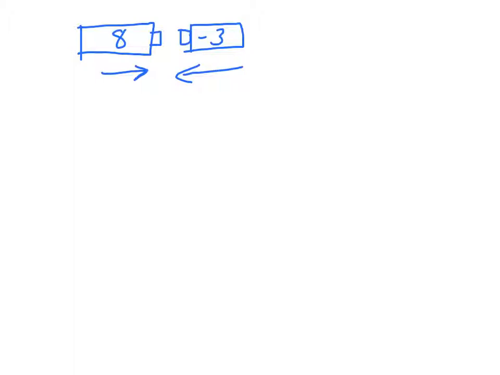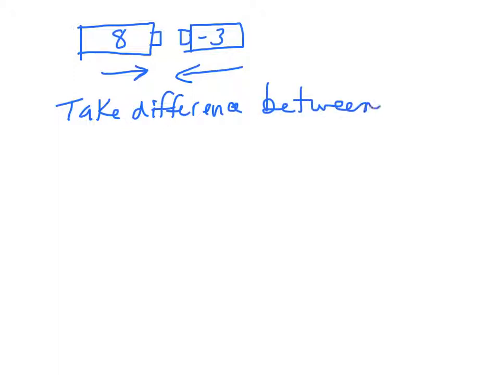They're going to fight each other, so we definitely won't add the numbers together. If they're fighting, they're not going to combine and work itself out. So you want to take the difference between the numbers.